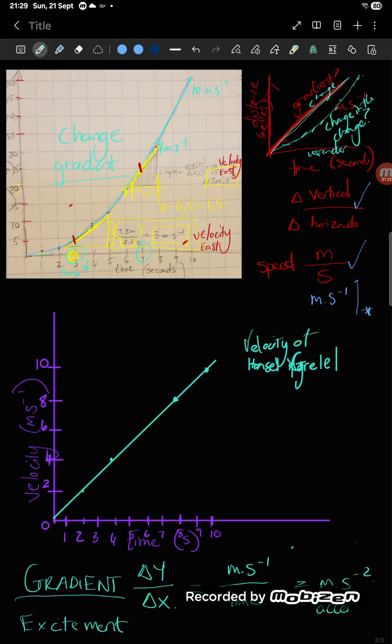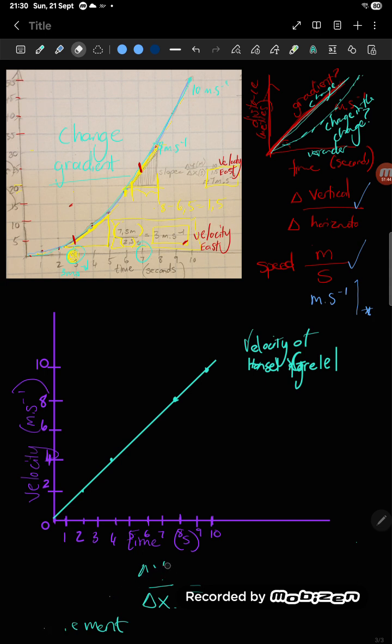So what we really want to know is, how far did they go? Well, you say to me, but we know we went 50 meters in 10 seconds. We covered 50 meters. But at a different point, if I ask you at 4 seconds, how far did they travel at 4 seconds?